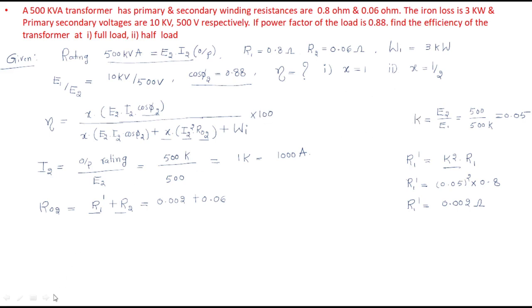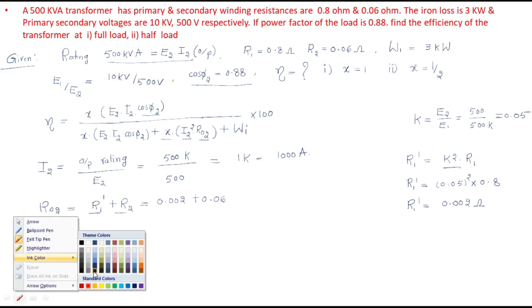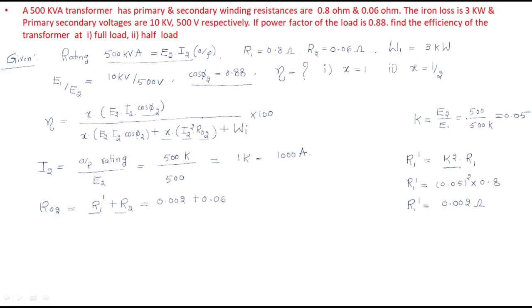Look at here. k equals E2 by E1. So here 500 by 500k generally gives 0.01, right? This is 0.01, and R1 dash we will get by simplifying: 0.01 square into 0.8.